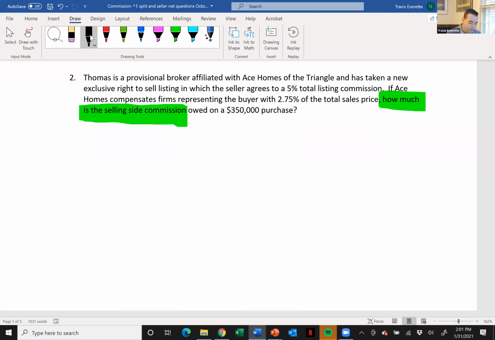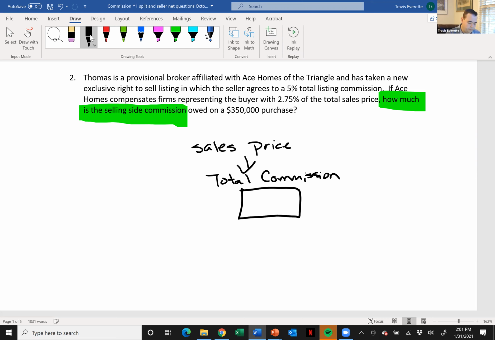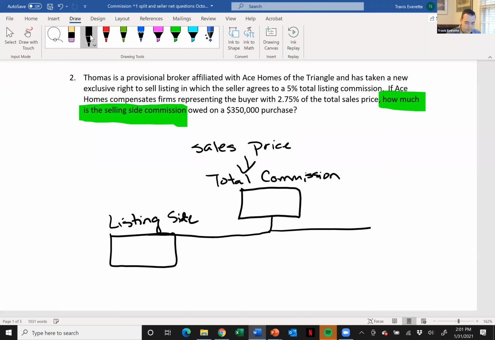I know I've got to map the thing out again. I'm going to start with a sales price, and from there we're going to calculate a total commission. So I'm going to give myself a box for that. And then I know that's going to get split into two pieces, the listing side and the selling side.